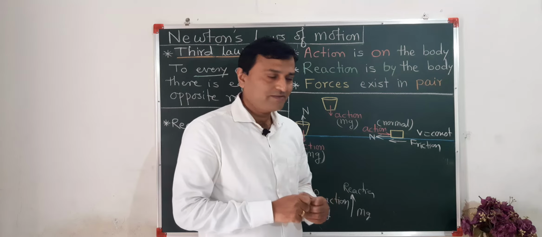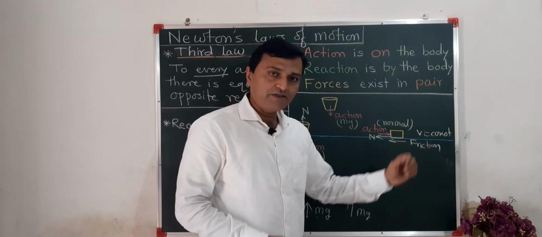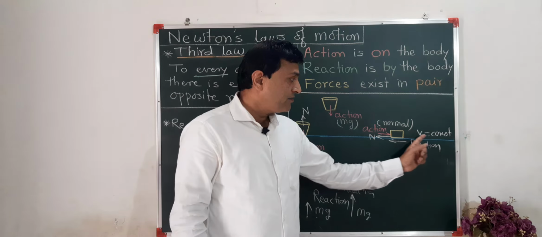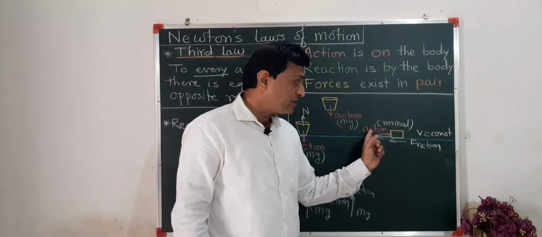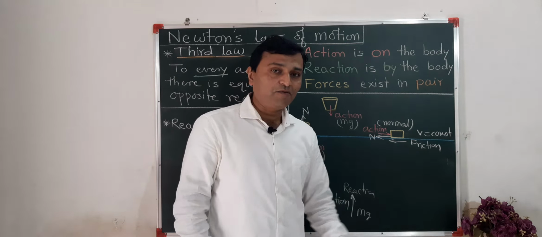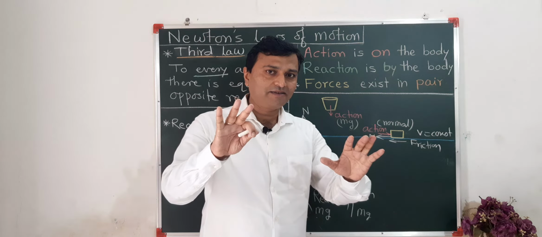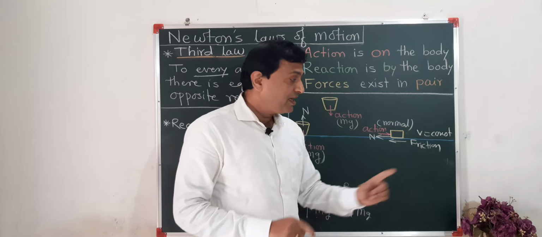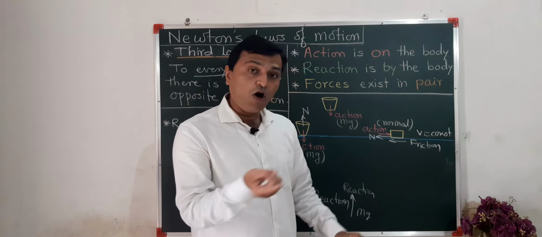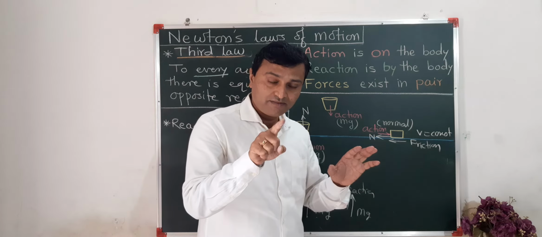You can imagine. It is moving in this direction and with constant velocity because of my action. This action is balanced by this frictional force. I can agree, you can agree, but these are not action reaction. This frictional force is on the body, yellow color body.